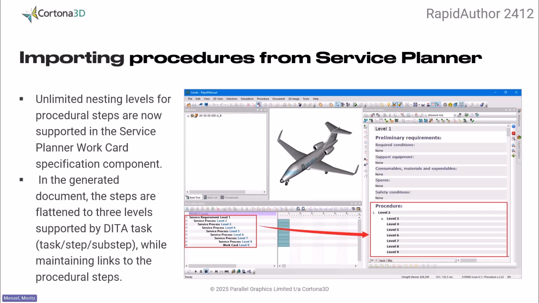In the generated document, the elements corresponding to the procedure steps are flattened, as you can see on the bottom right, to 3 levels supported by the DITA task specification, that is task, step, and substep, while preserving links to the original procedural steps. This ensures that images and warnings appear correctly within their respective steps in the document, and it preserves accuracy in future updates.